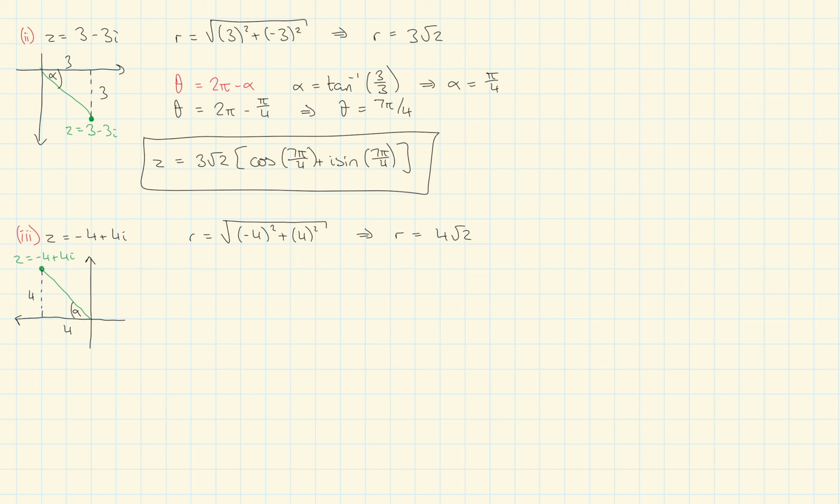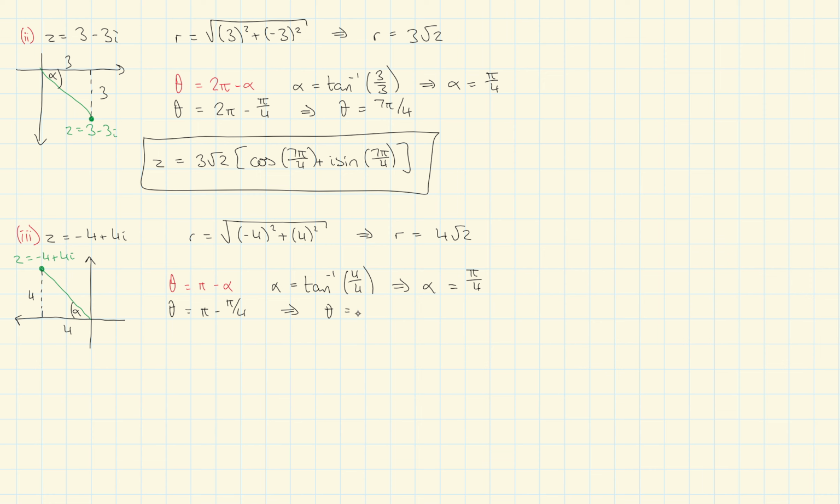And I'll use approach 2 on this one, which is the same as approach 1 because we're in Q2. It's pi minus alpha. Alpha is tan inverse of 4 over 4. So for alpha we get pi over 4, and then theta is equal to pi minus pi over 4.